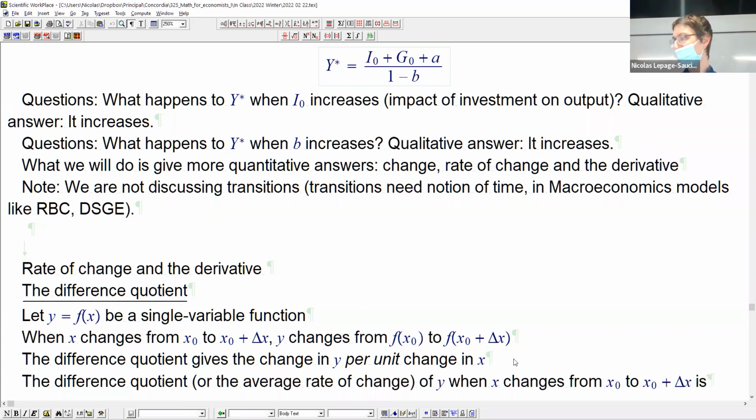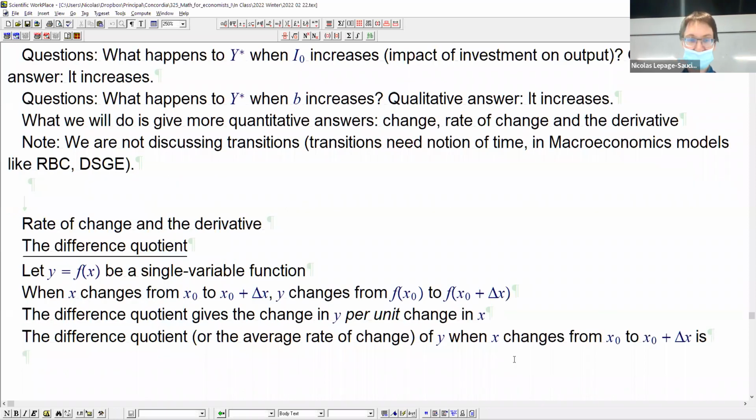We just divide the two of them together. So we see it's going to be delta y.